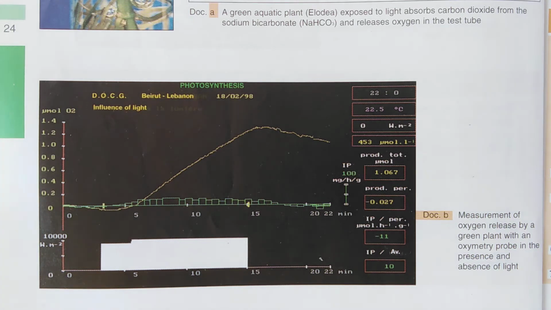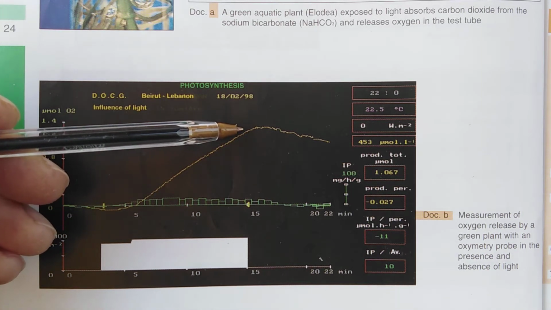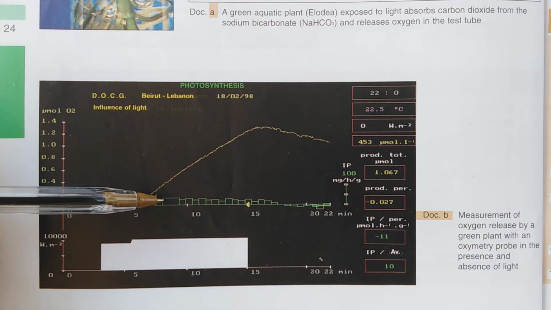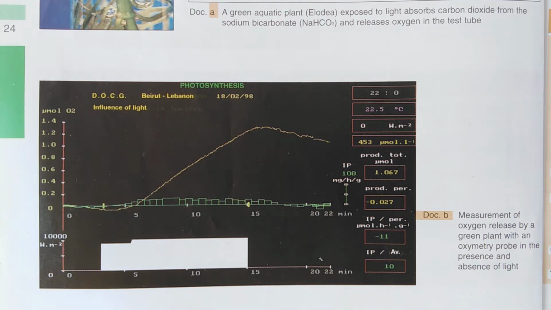So as we see, as they increased the light intensity, the rate of produced oxygen was increasing, indicating that the higher the light intensity exposed to green plants, the higher the production of oxygen liberated by these green plants, and consequently a higher rate of photosynthesis takes place in higher intensity of light.